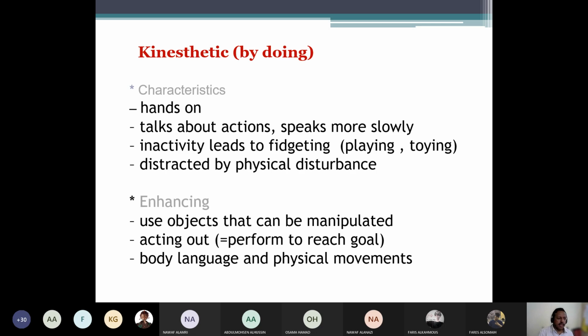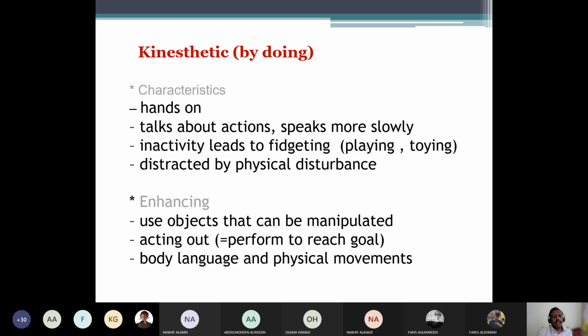Kinesthetic learners are those who prefer to do it by themselves. They want to handle the situation or manipulate the object by themselves. They want to see the model, they want to see the human body, and they want to do something by their hands. This is called a kinesthetic learner. They talk about actions and speak more slowly.